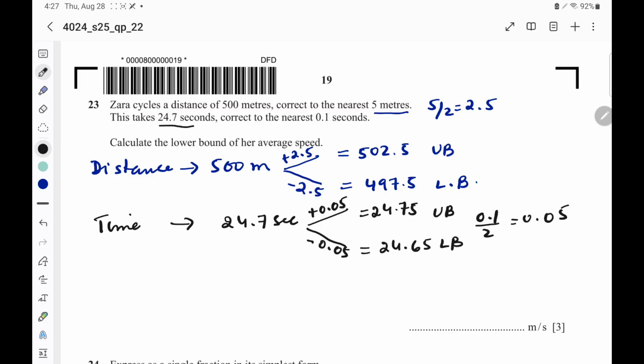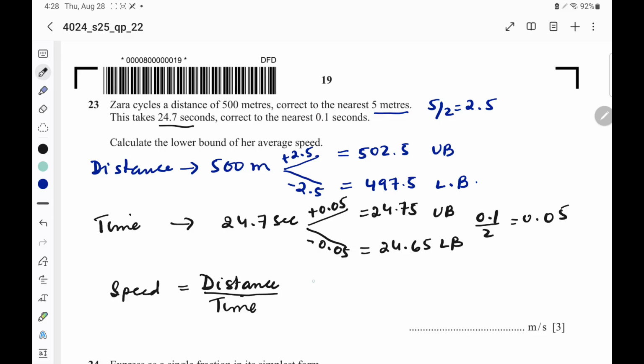Let's see what they are asking in the question. Calculate the lower bound for the average speed. Speed is distance upon time. It means this is a division question, distance upon time, and lower is required. Whenever the lesser answer is required, for the distance we take the lower bound, the less number, and we divide it by the bigger number, that is the upper bound of the time.